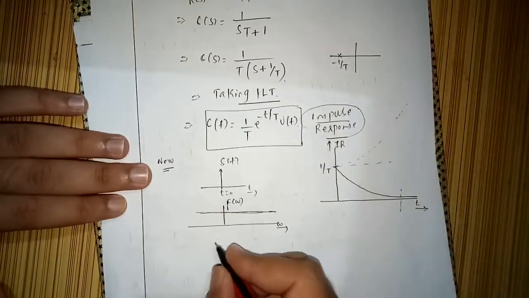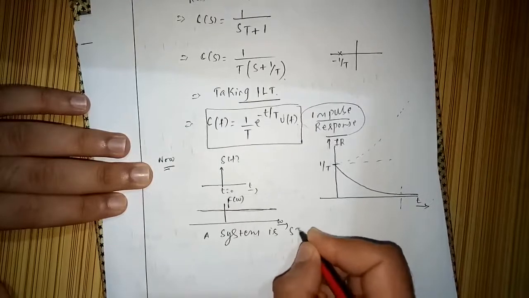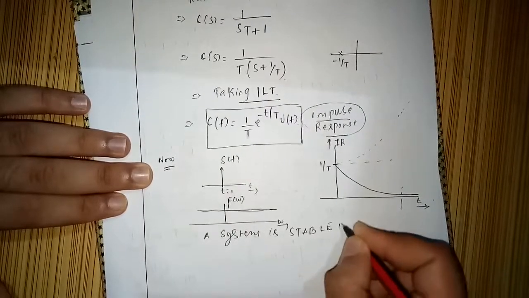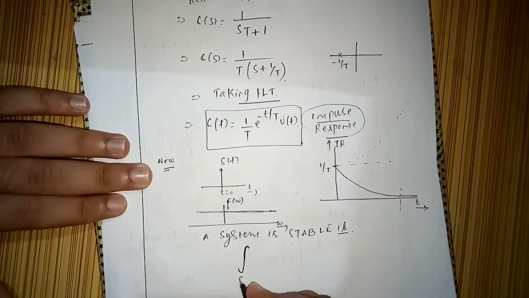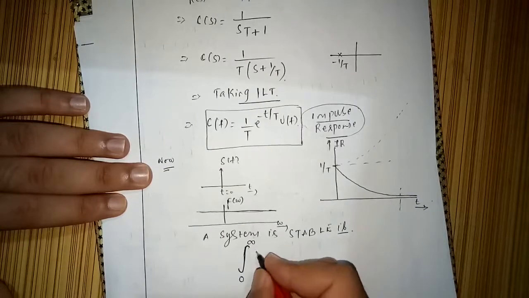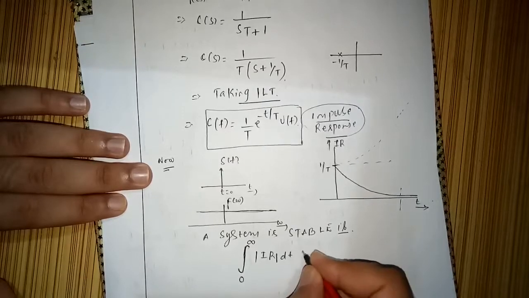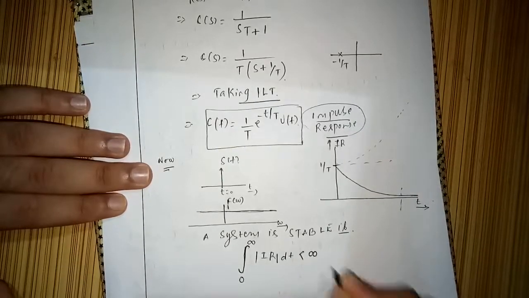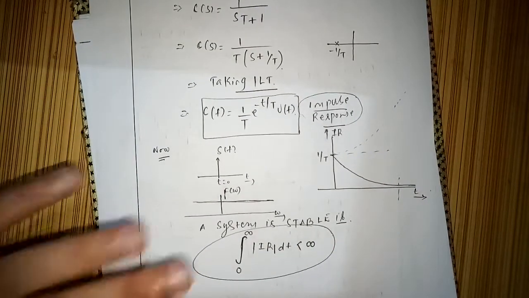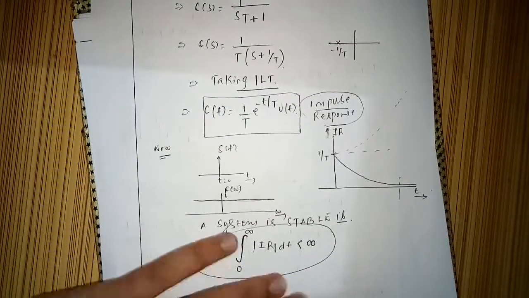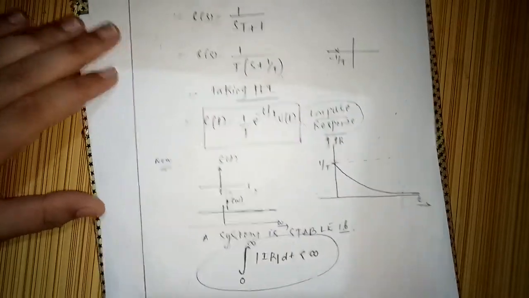So a system is stable if, for a causal system, the integral from 0 to infinity of the magnitude of the impulse response dt is less than infinity, right? This is a very important thing, and you should be very comfortable with this.